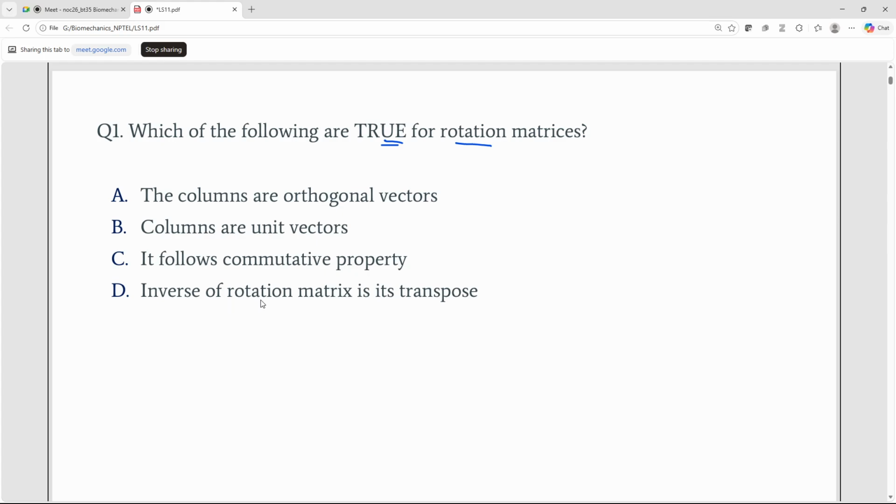Option D, the inverse of a rotation matrix is its transpose.